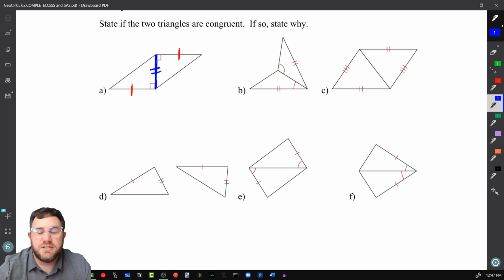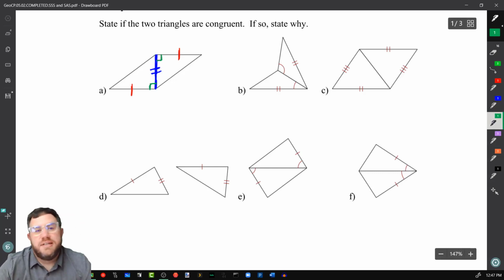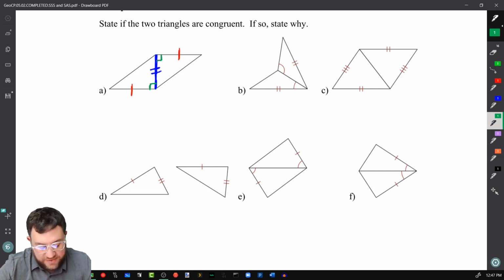So here we've got two pairs of congruent sides, and we've got perpendicular boxes there. Now, we don't have anything marked congruent, but are all right angles 90 degrees? They are, so all right angles are congruent. That's actually a theorem.